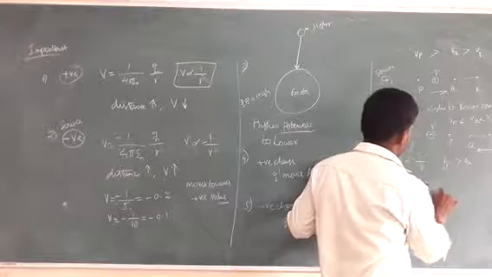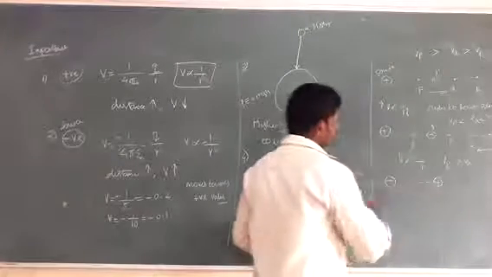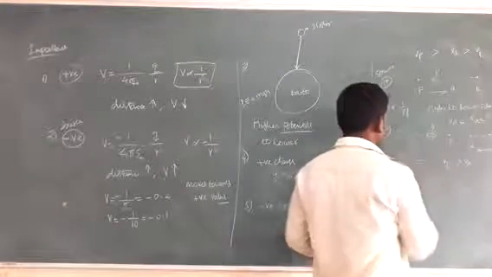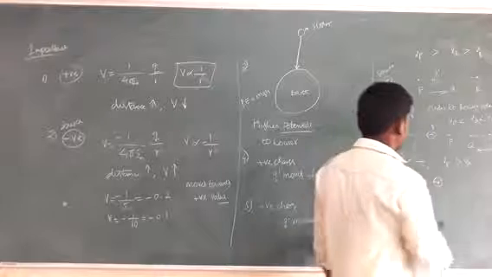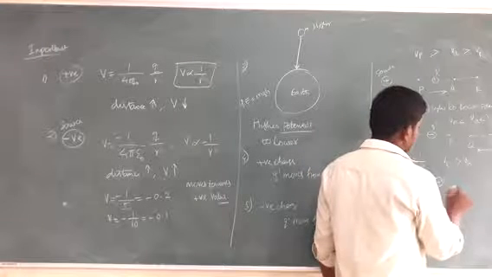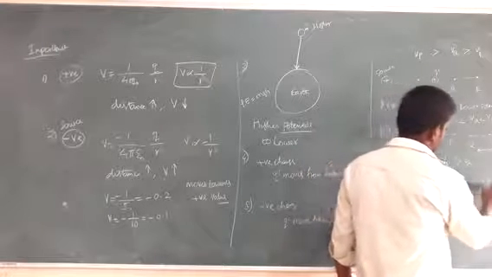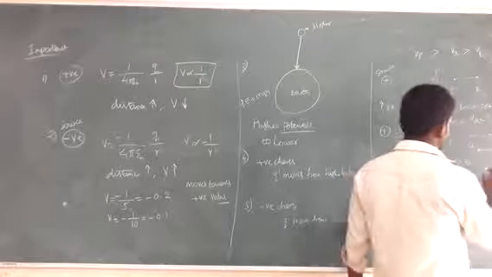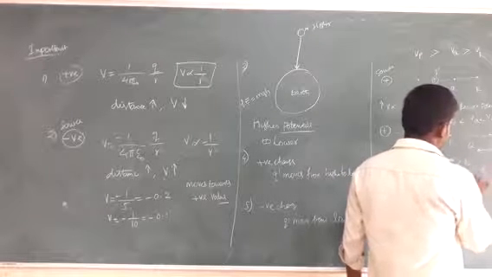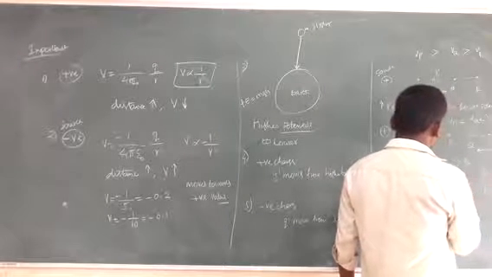and plus. There is an attractive force, here also an attractive force, here a repulsive force. So again P, then Q, then R. So potential at VR, VQ, then VP.